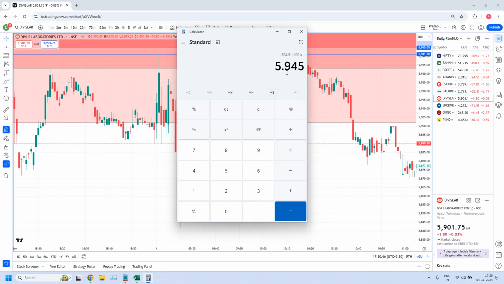You got an entry buffer of 5.9. So this is your entry, minus 5.9 is supposed to be your entry. This is 5939.1.